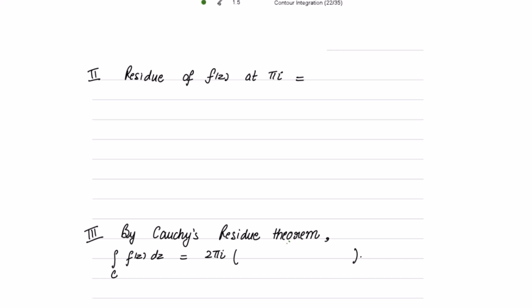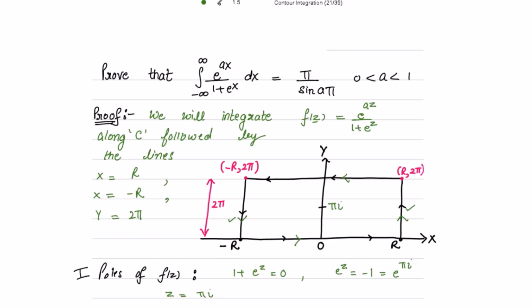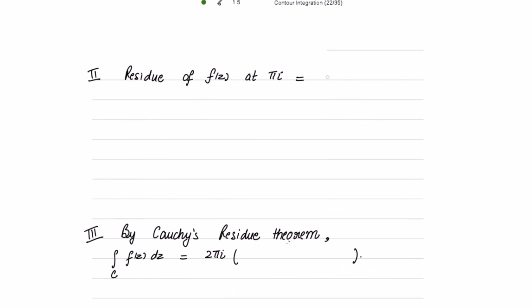Second step is finding the residue of f(z) at that point, pi iota. So the formula for calculating the residue: just write the numerator as it is of f(z), which is e to the power az, and then differentiating the denominator with respect to z, which is 1 plus e to the power z, at z equal to pi iota.